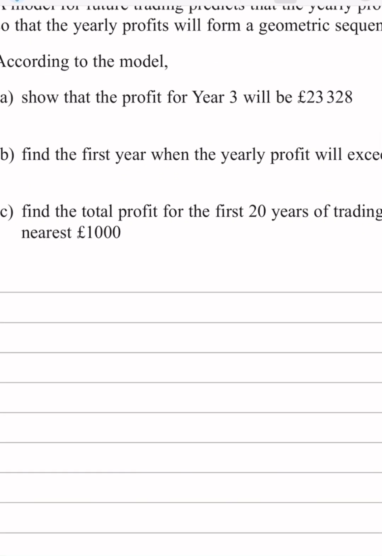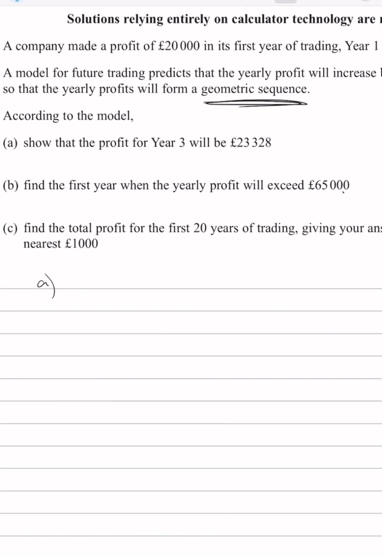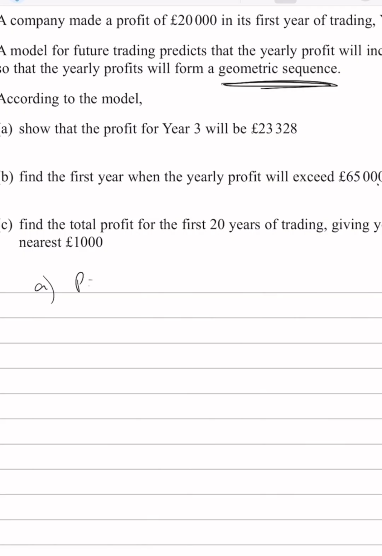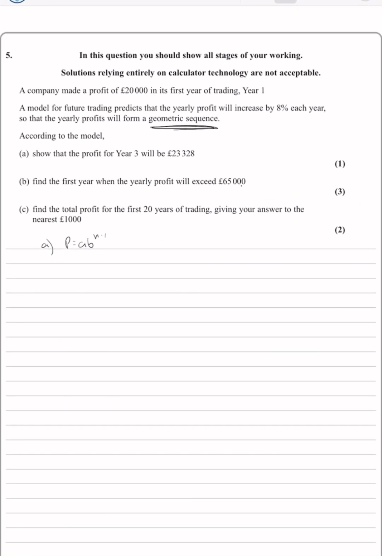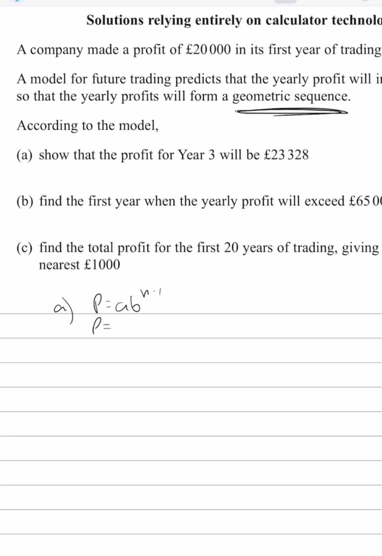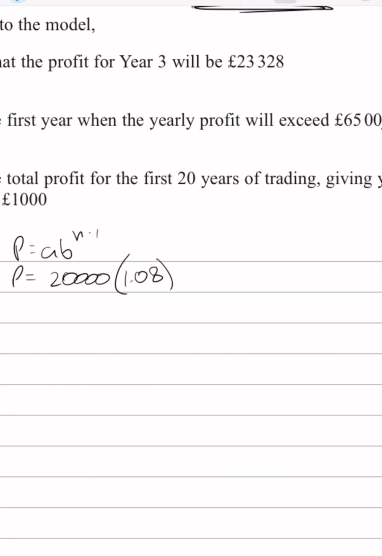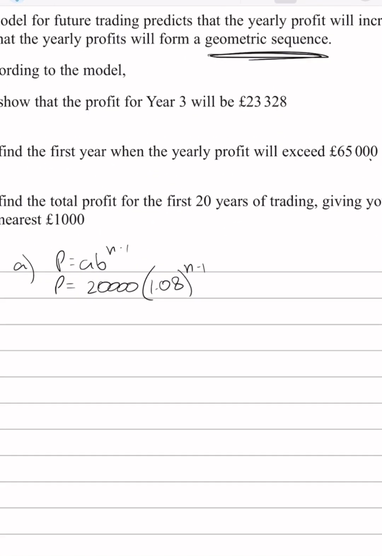Question 5. Here for part A, we want to use the geometric sequence equation, which is ar to the n minus 1. So in this case, the profit will be equal to the 20,000, which is the initial value, times the percentage increase, which is 1.08, to the power of n minus 1.